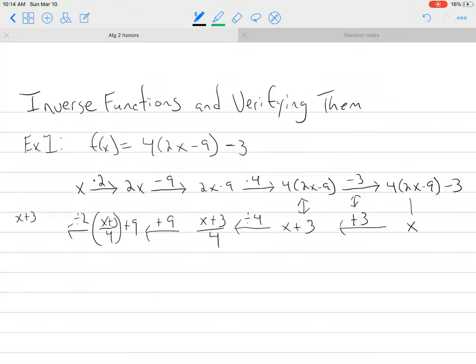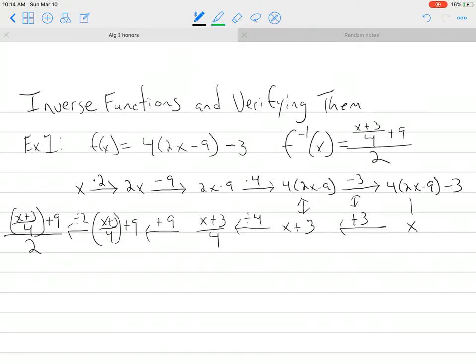So x plus 3 over 4 plus 9, that whole thing, divided by 2. Okay? So that's my inverse. F to the negative 1 of x is x plus 3 over 4 plus 9 over 2.